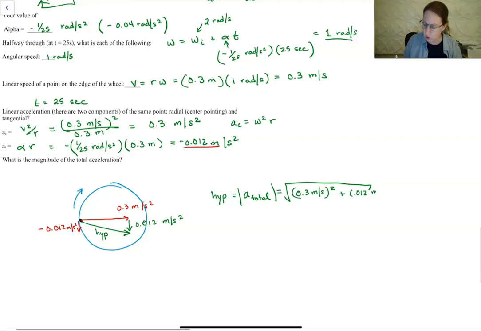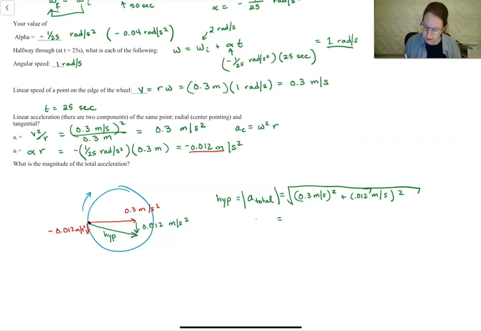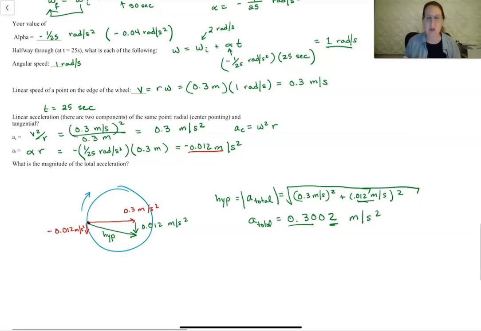It's going to be really close to our 0.3 because the other correction is really small. So if I square this and I take the square root, then I get a total of 0.3002, which is where the correction starts to show up, meters per second squared. So it's basically the same as the radial.